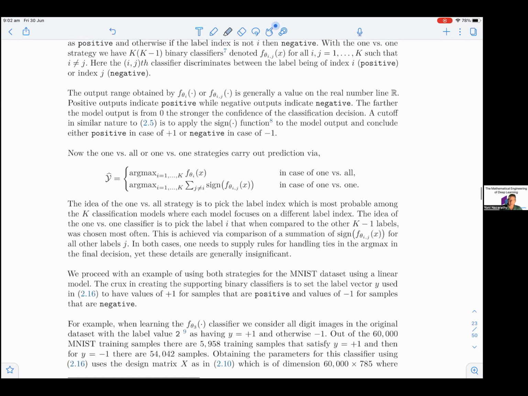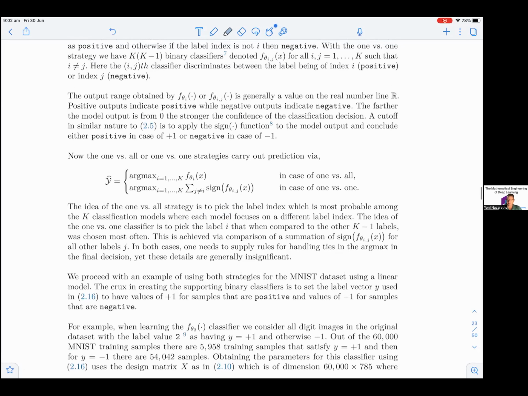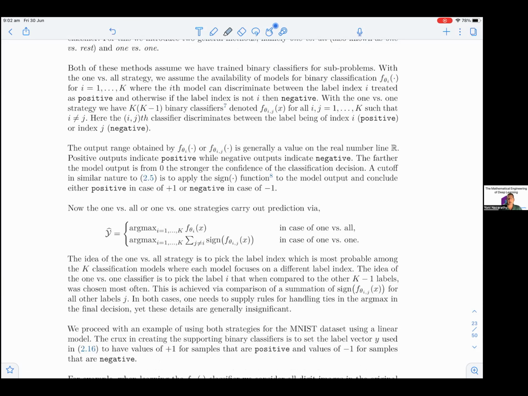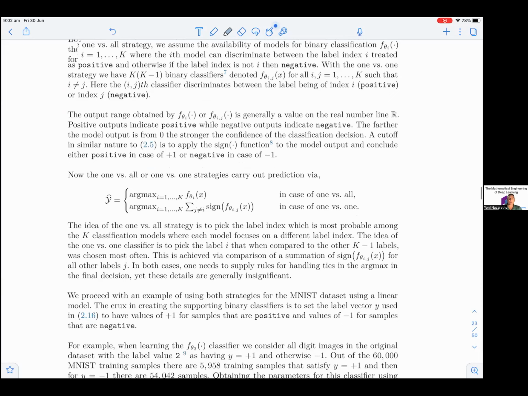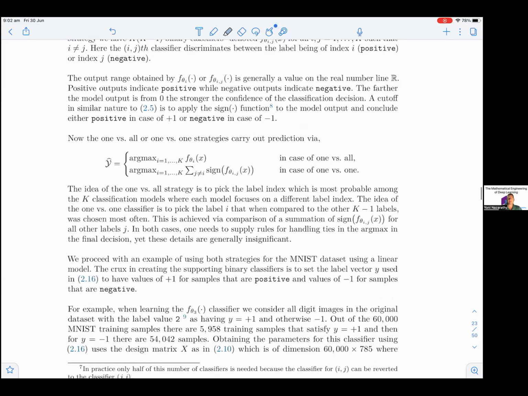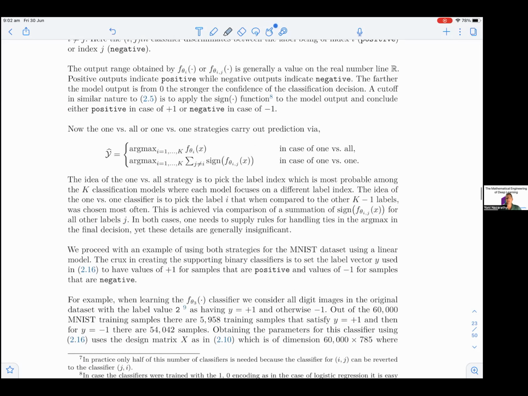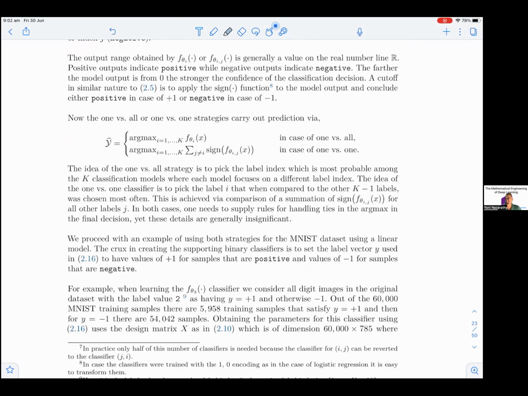Here, the ijth classifier discriminates between the label being i or j. The output obtained by f theta ij is generally a value on the real number line R. Positive outputs indicate positive, while negative outputs indicate negative.